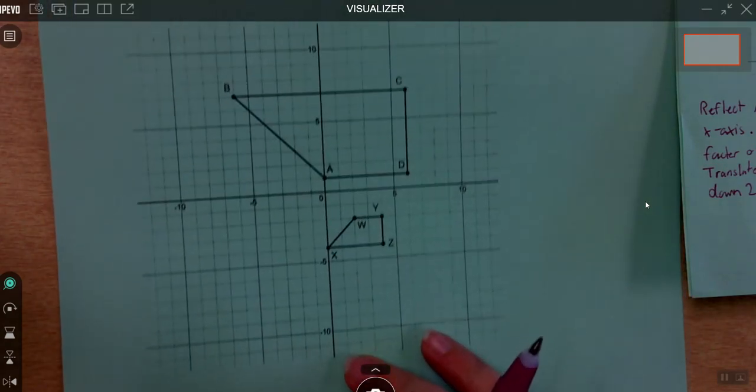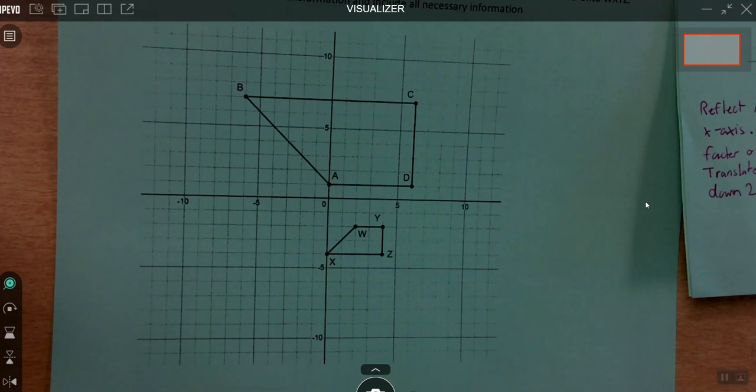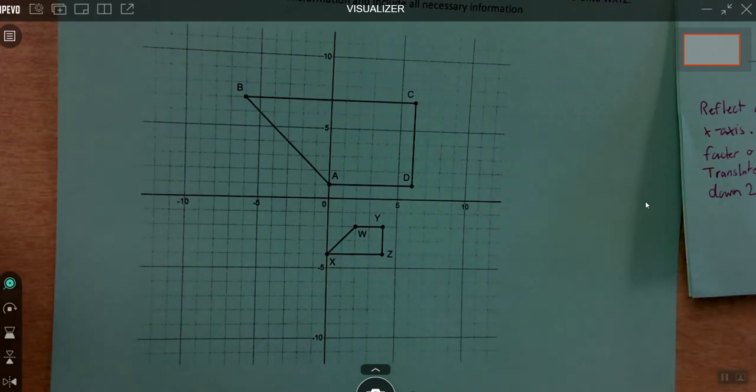Okay, there are many different ways you could have done this. Can anyone tell me the way that they used? I love that Elijah said the scale factor, the center of dilation, which shape we're starting with, which one we're changing.